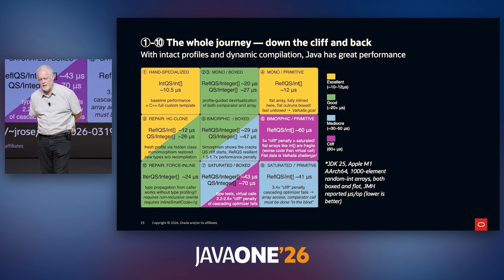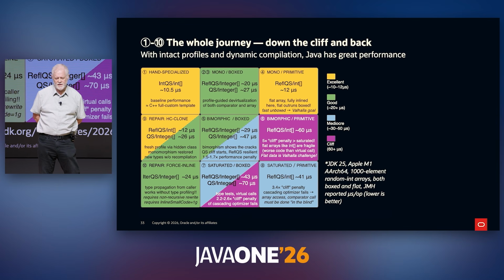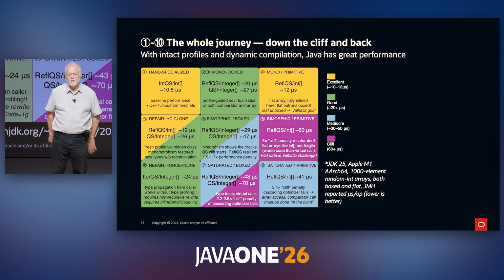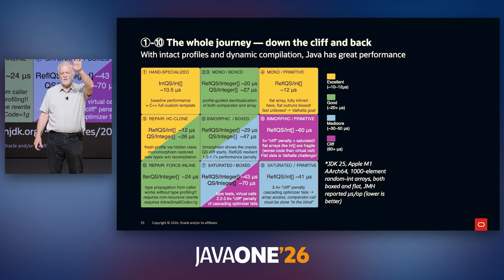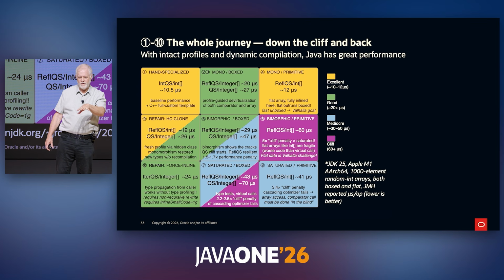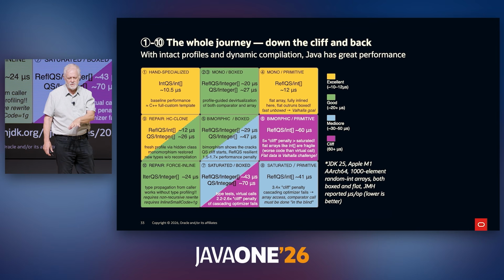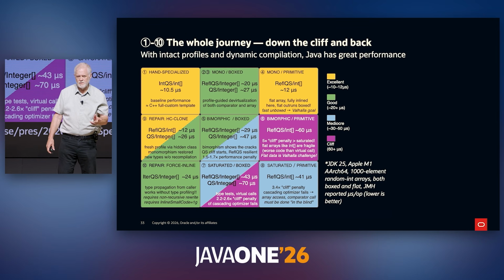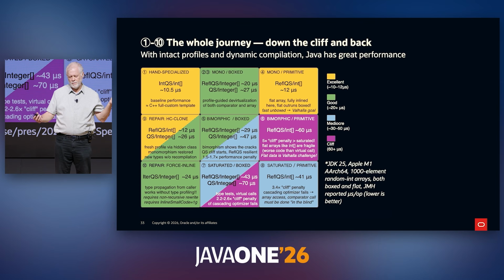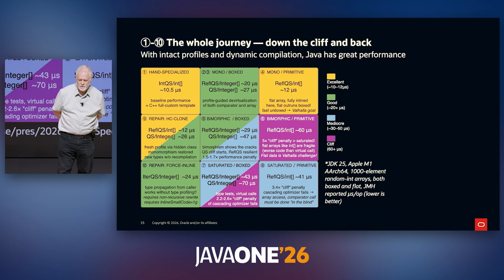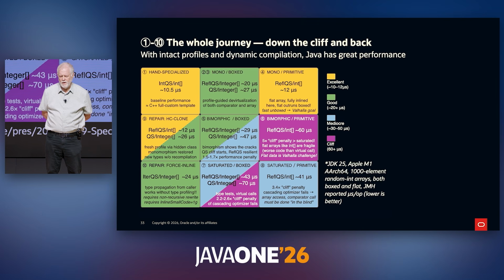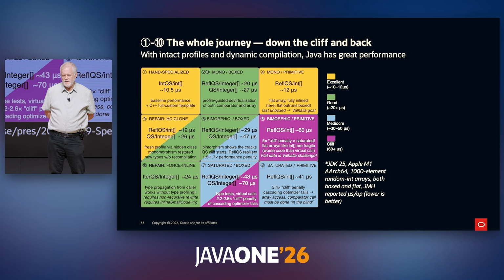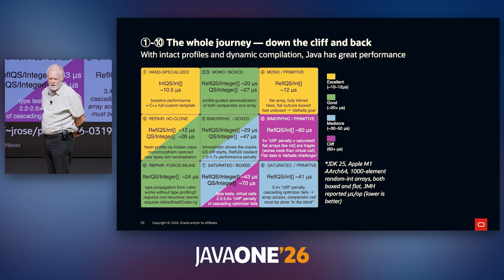So you go to flat arrays and then things get twice as fast. That's cool. But then you start to add more types, and as you go down the heat map, on the right-hand side, you go through bimorphic troubles down to the bottom of the cliff with saturated profiles, and it's very, very sad. And then you have two possible repairs which work on the current stock VMs with the right tweaking and cajoling. So that's basically it. That's where we got to.